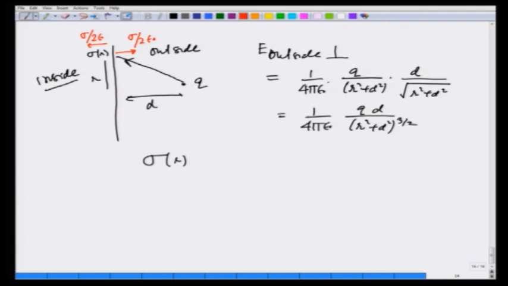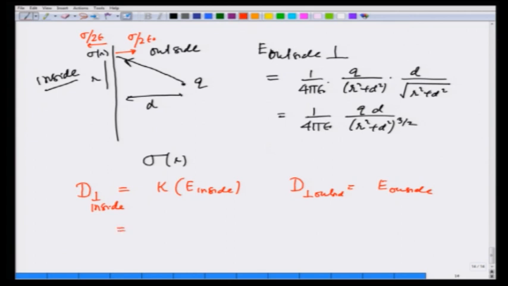Now, if I apply the condition that D perpendicular is the same, D perpendicular inside is going to be k times E inside, and D perpendicular outside is going to be E outside, because outside k is 1.